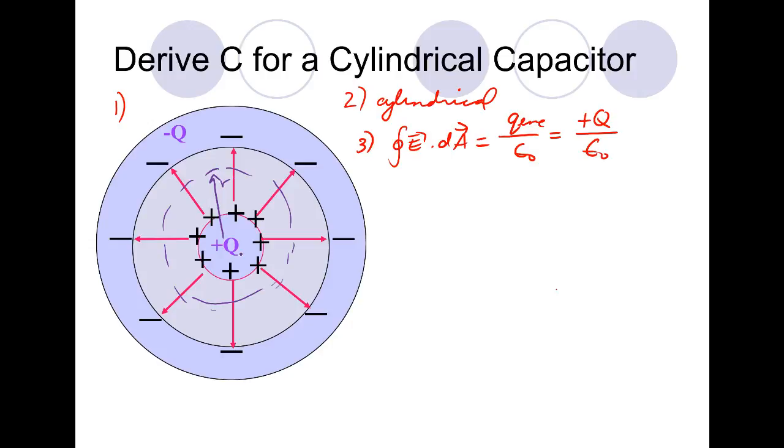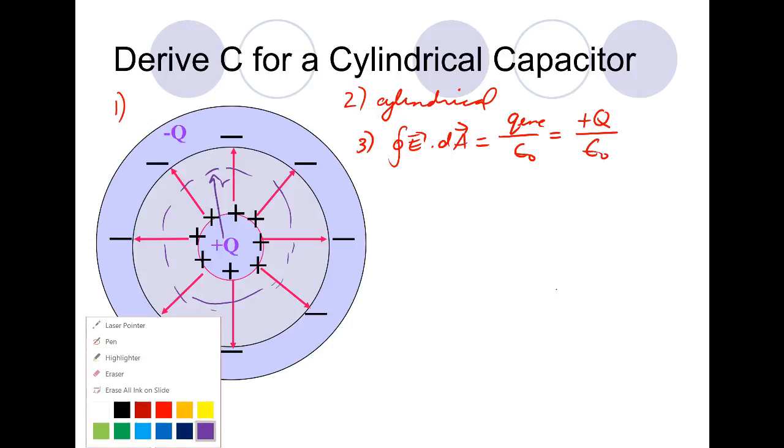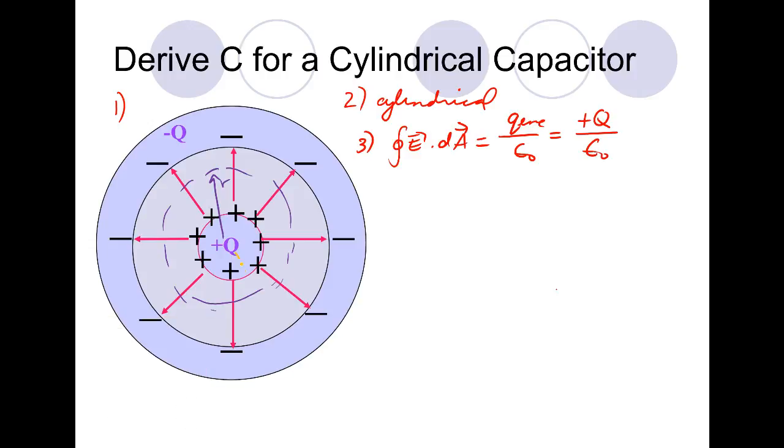And we're going to say that the inner cylinder has a radius of a, outer cylinder has a radius of b. Okay. So step 4 is solve for E.